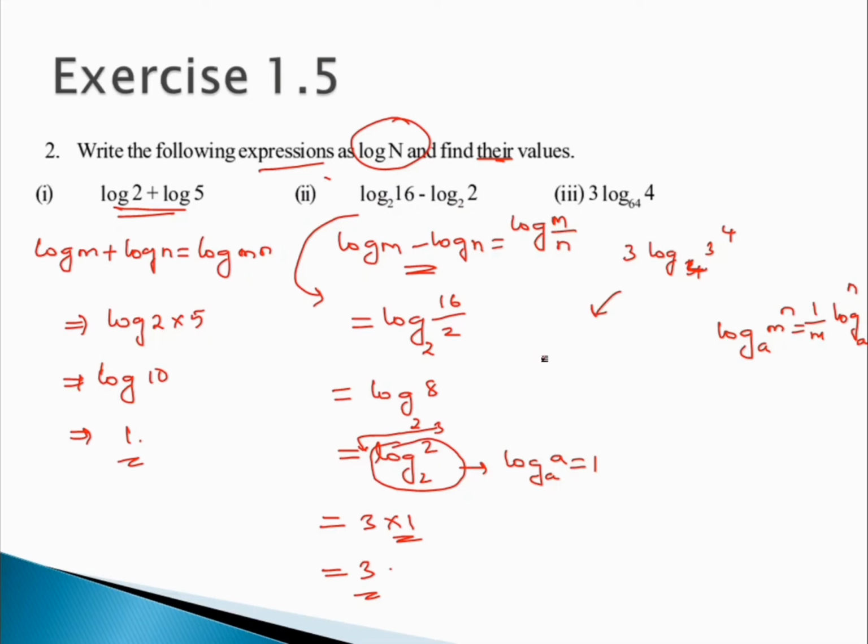Similarly, using that, I can write this one as 3 into 1 by 3 into log 4 of 4. So the resultant of 1 by 3 into 3 becomes 1, and we are left with 1 at last.